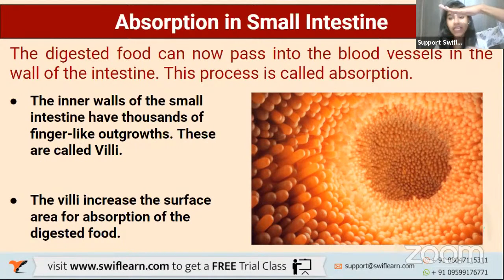Now the food can get absorbed here, here, here, and here. But if there were no villi, it could only get absorbed here. So it increases the surface area for absorption. That is the main function of villi.